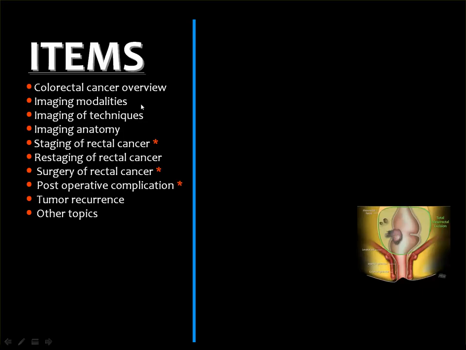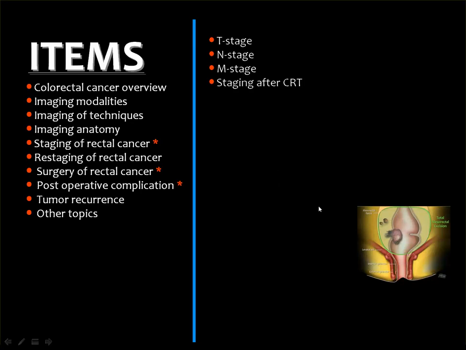Then we'll show the imaging modalities and the imaging techniques, and also we'll explain the imaging anatomy, which is very important. Then we'll present the staging of rectal cancer, including the T and M stage, and the staging after chemoradiation.